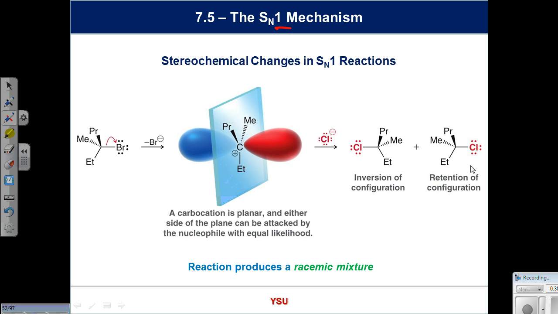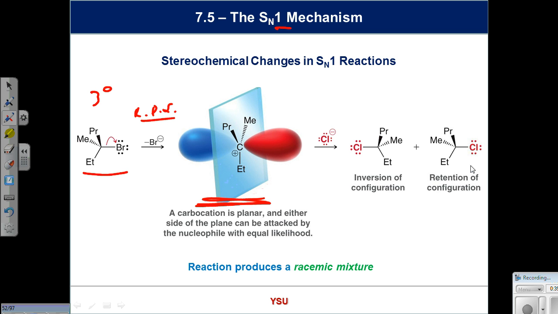So what I've got at the left here is a tertiary alkyl halide, which is chiral. That is definitely chiral. And when this thing breaks apart, I produce a carbocation. So this, the lobe is there for a reason, to show you the direction of attack to the next piece. But that's the rate determining step, so that's slow. And I'm left with a carbocation here.